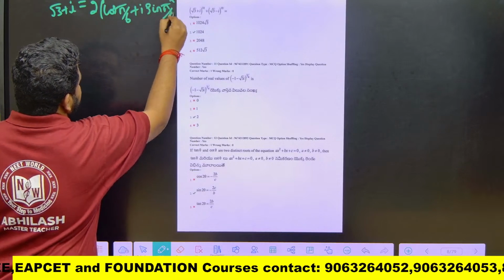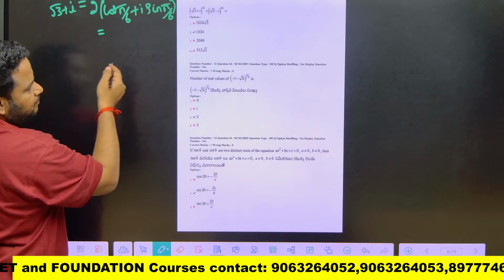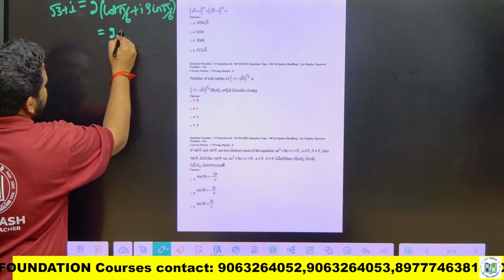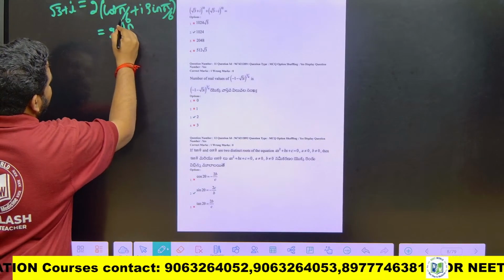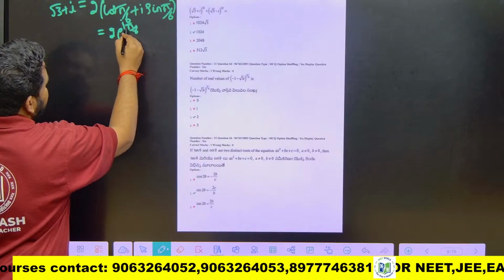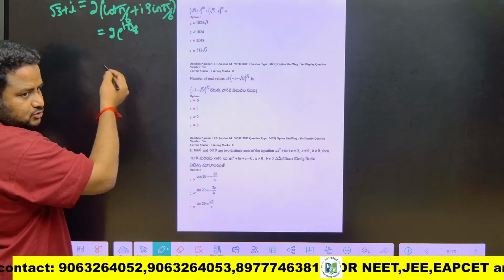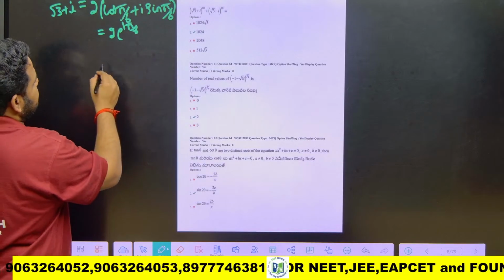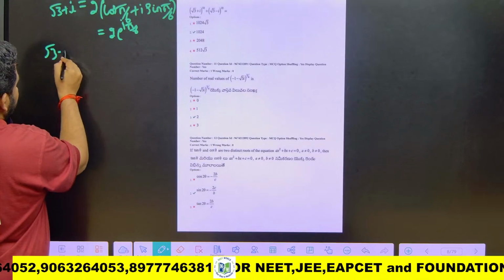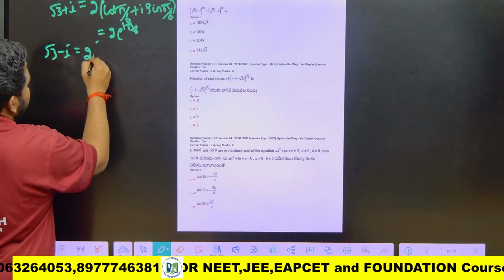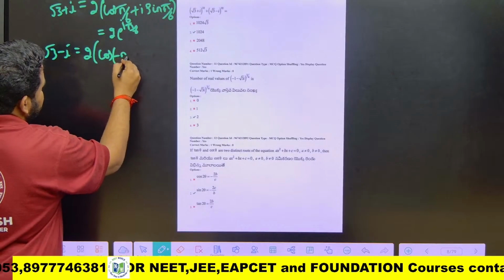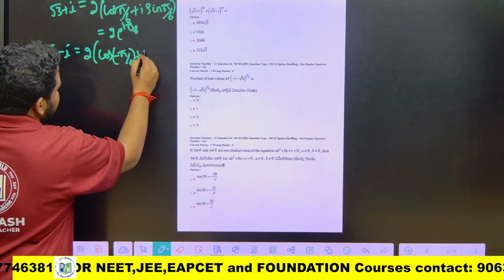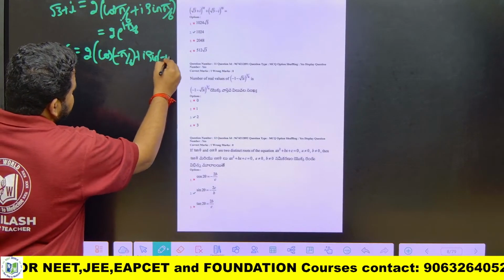In terms of Euler form, this will be 2 times e power i pi by 6. Root 3 minus i, if I write it, this will be 2 times cos minus pi by 6 plus i sin minus pi by 6.